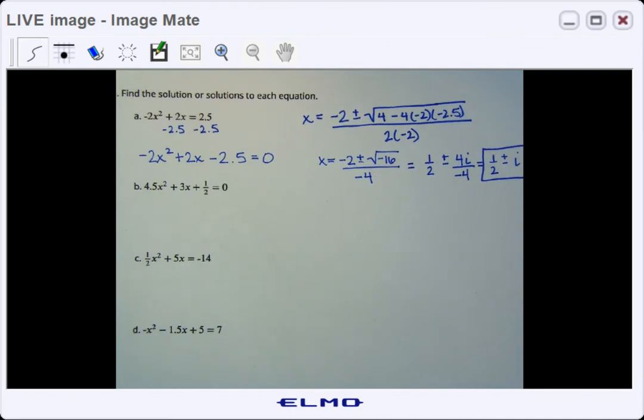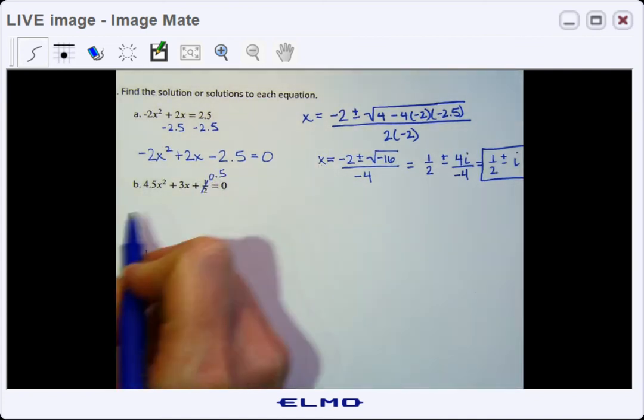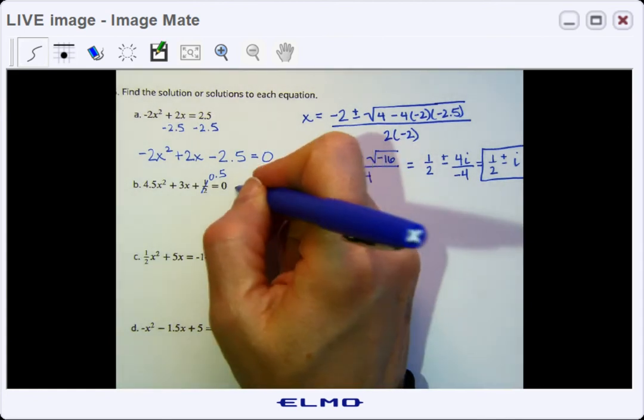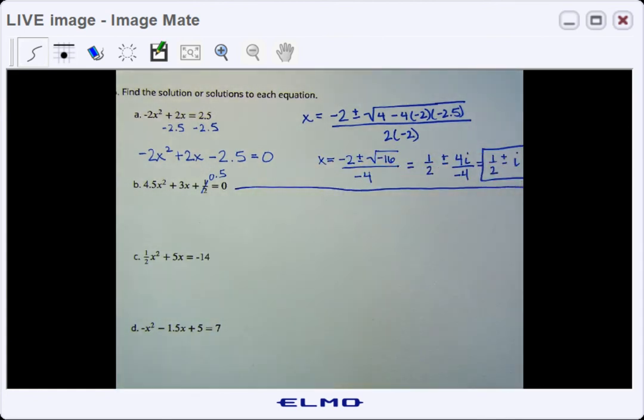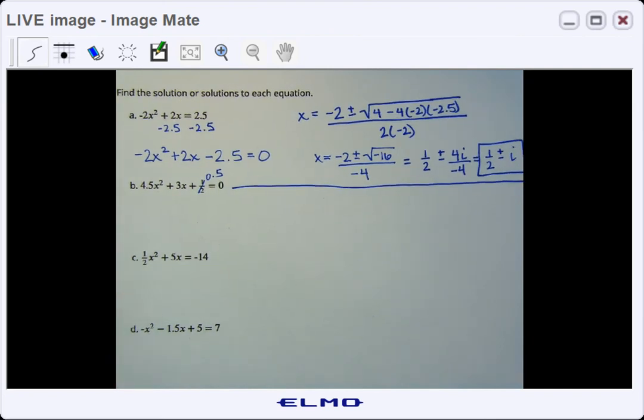B is lovely. I'm going to go ahead and change that to a 0.5 to keep it consistent with the 4.5 at the beginning. It's already set equal to 0, so I can go ahead and set up the quadratic formula.